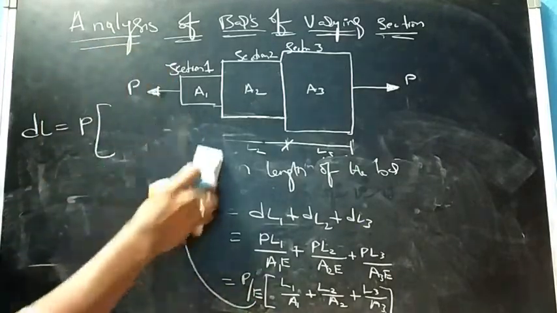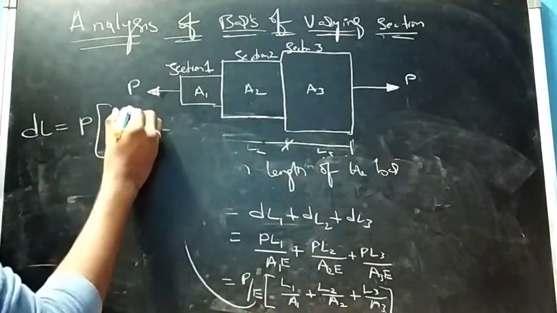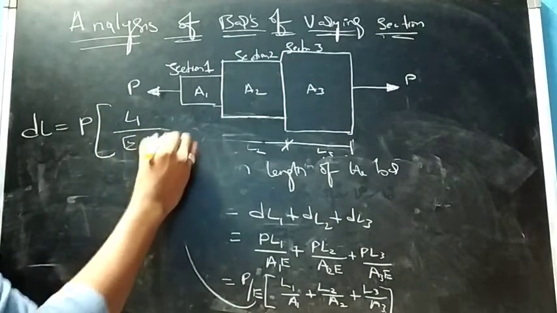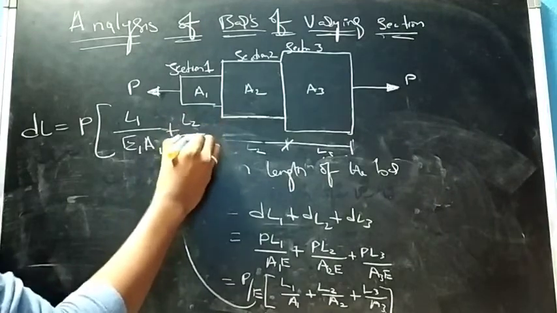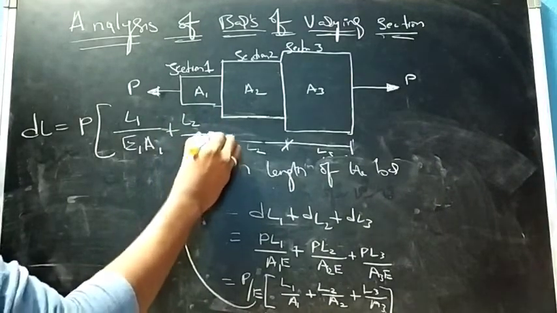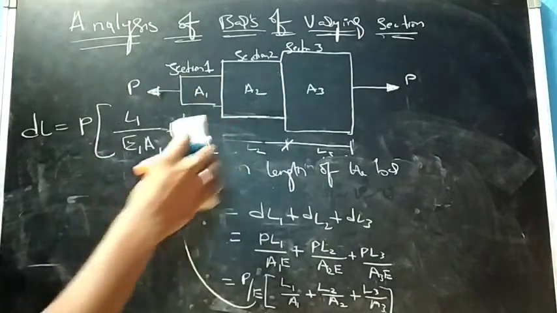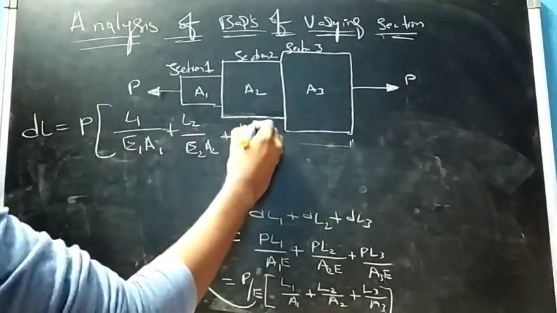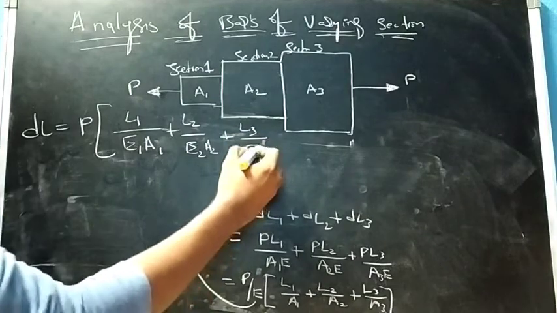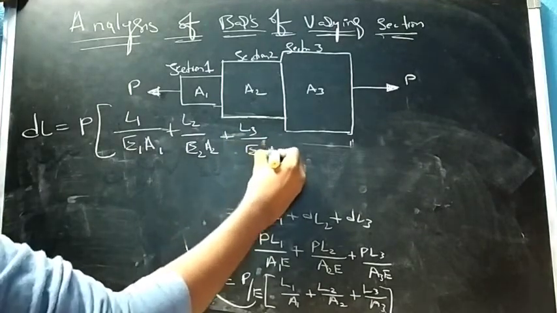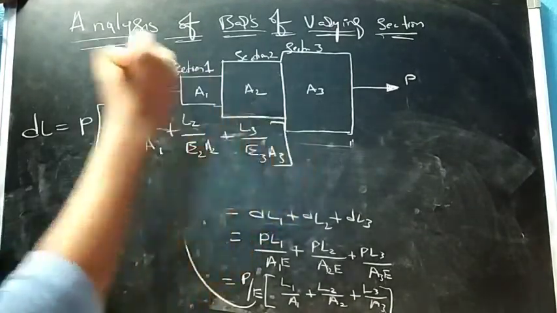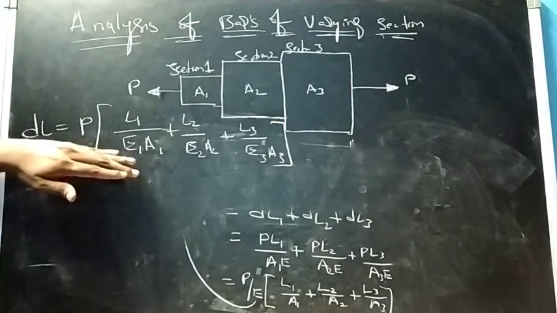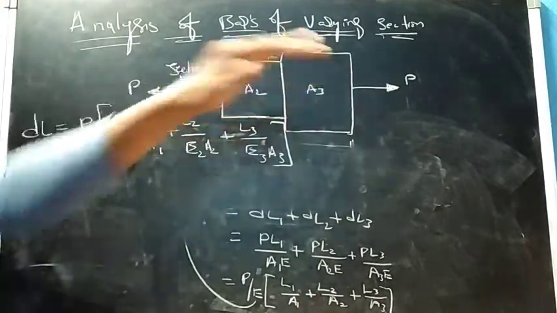So that will be L1 upon E1 A1 plus L2 upon E2 A2 plus L3 upon E3 A3. So this is for Young's modulus varying for each cross section.